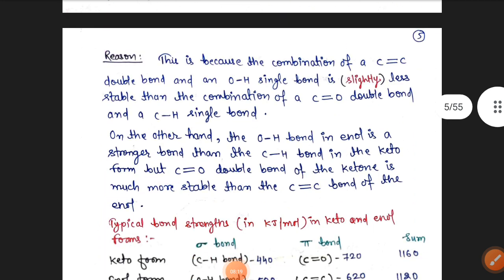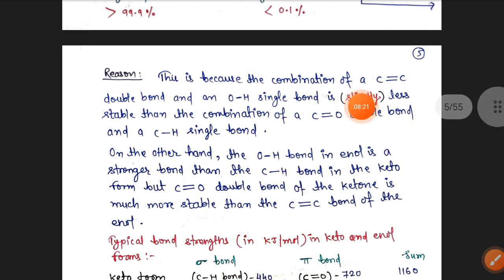This is because the combination of a C=C double bond and an O-H single bond is slightly less stable than the combination of a C=O double bond and a C-H single bond. The O-H bond in the enol is stronger than the C-H bond in the keto form, but the C=O bond of the ketone is much more stable than the C=C bond of the enol.